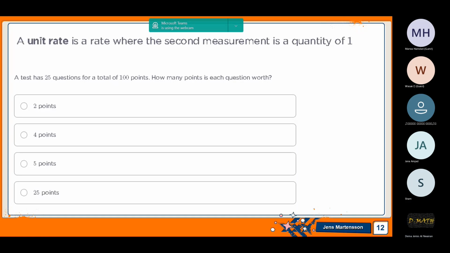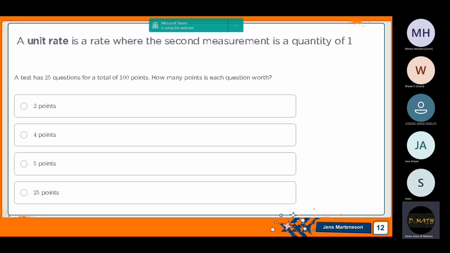A unit rate is a rate where the second measurement is 1, as we said before. A test has 25 questions for a total of 100 points. So how many points is each question worth? 4. 100 points for 25 questions. 4.